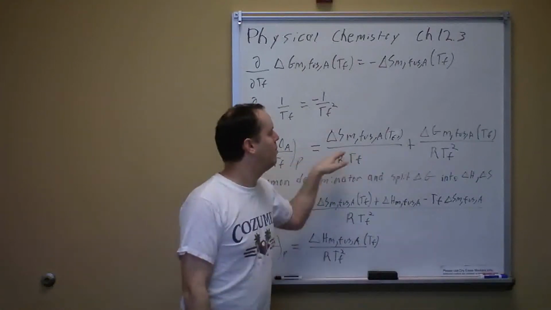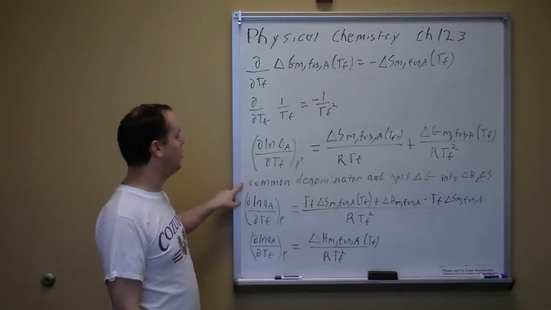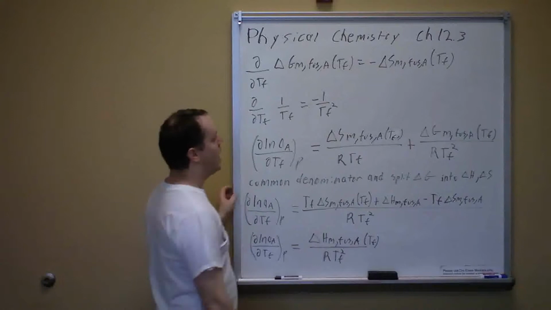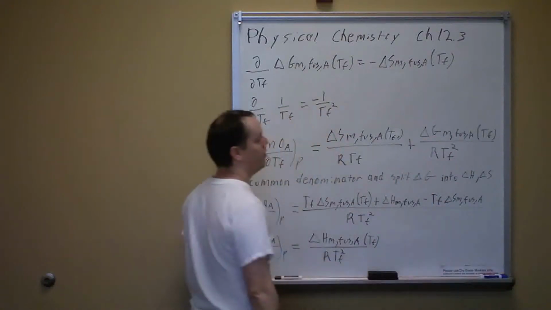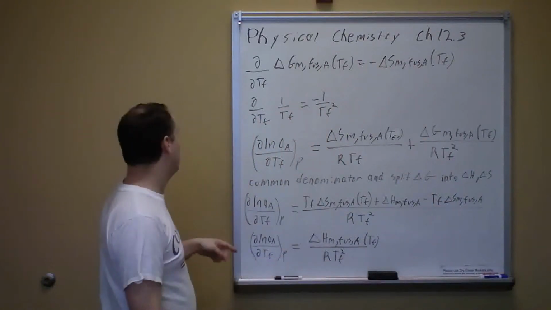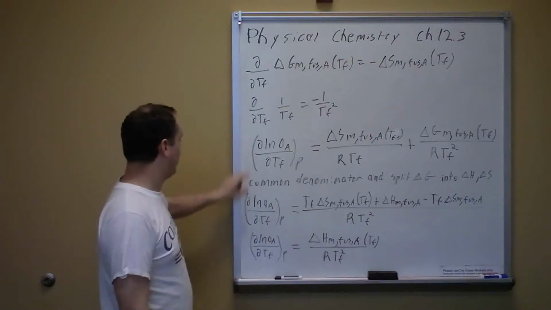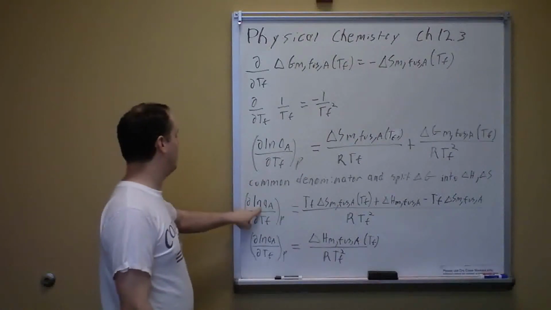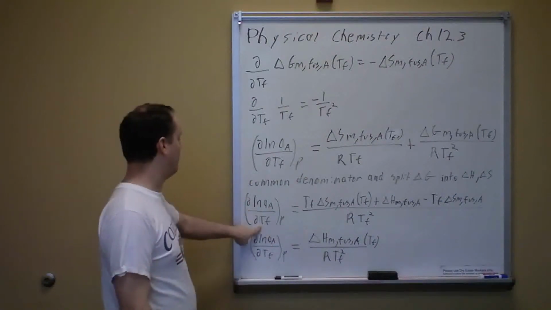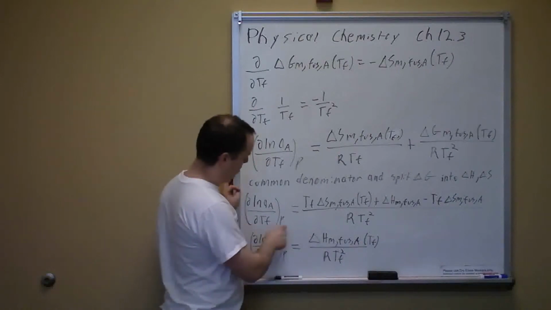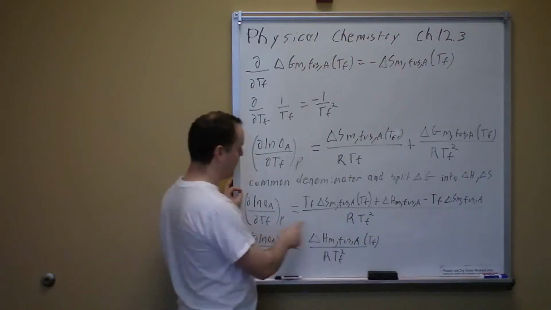Now, taking this sum here, we're going to simplify it using a common denominator, and we're going to split delta G into delta H minus T delta S. So that gives us the same derivative of the natural log of the activity of substance A with respect to the freezing point temperature, holding pressure constant.